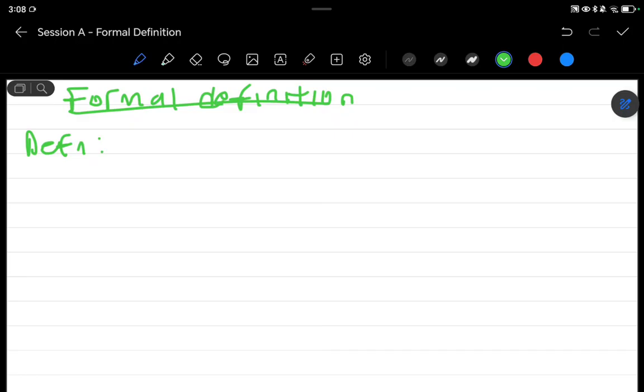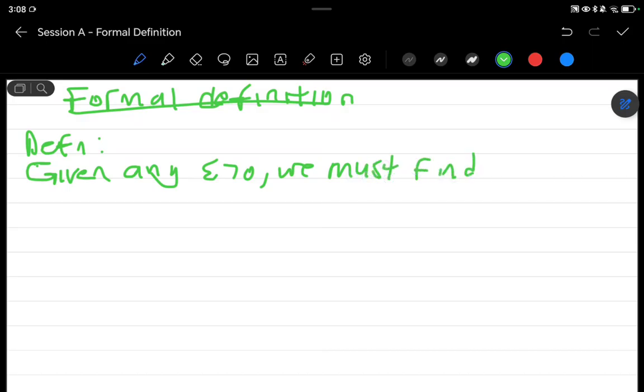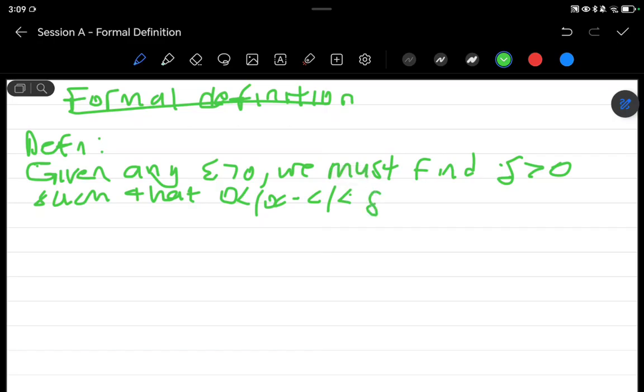The definition says that if we're given any epsilon greater than 0, we must find delta, which is greater than 0, such that the absolute value of x minus c is greater than 0 and less than delta.